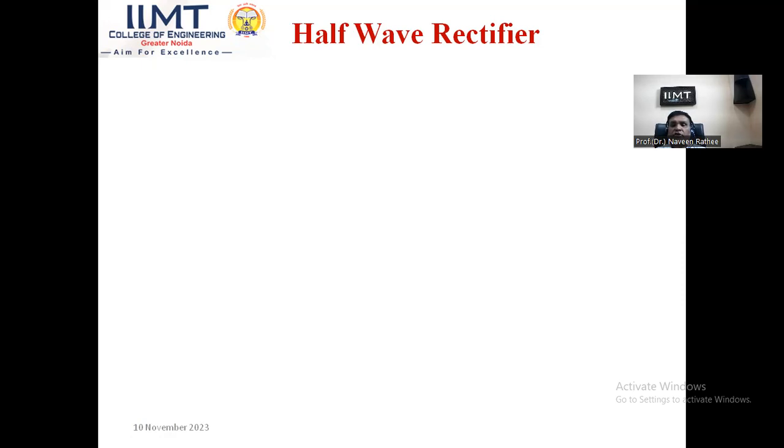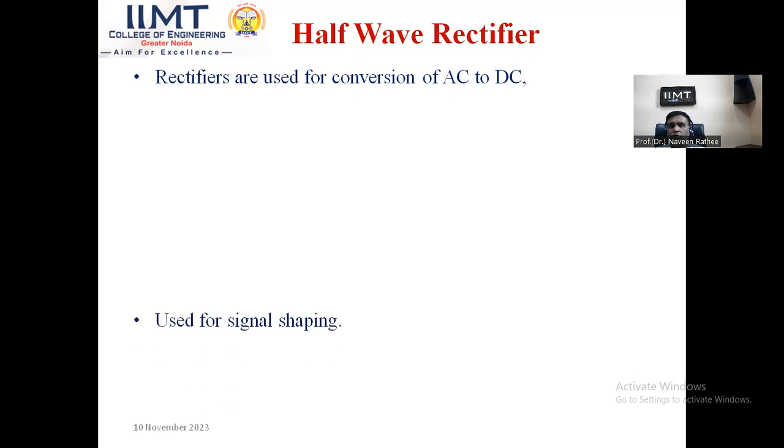So rectification is used for converting alternating cycles to pulsating direct cycles, where the pulses and AC components can be further removed with the help of different types of filters. In rectification we are also providing a shape to a particular signal, so rectification is used for that purpose also.